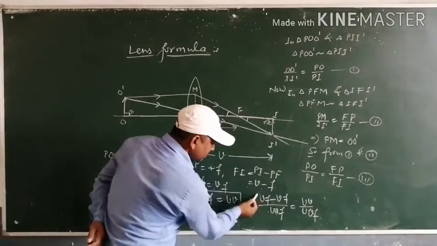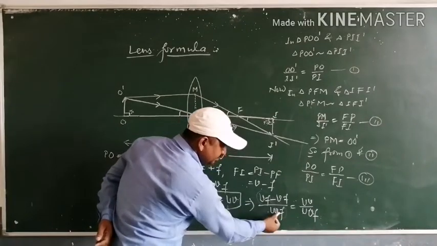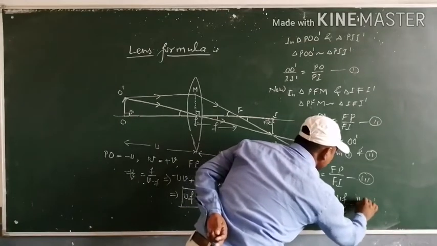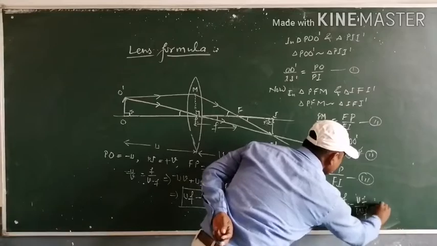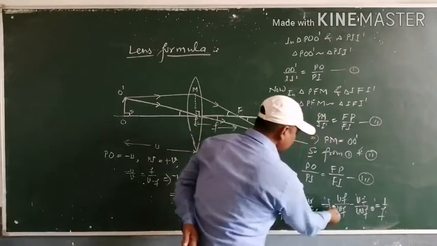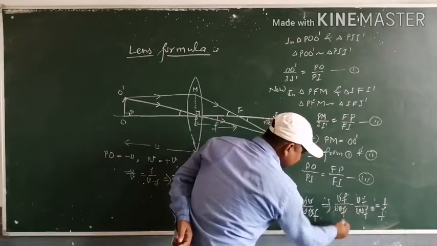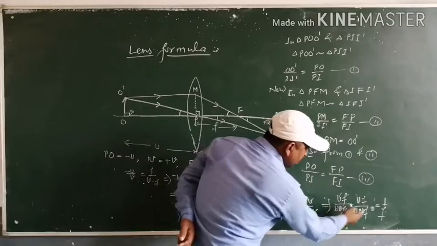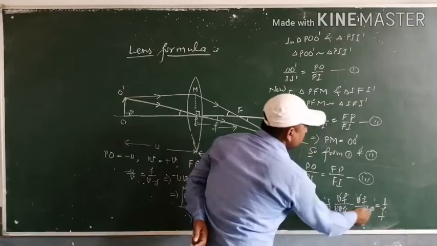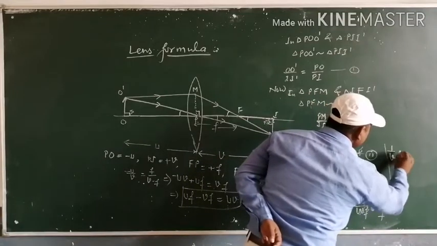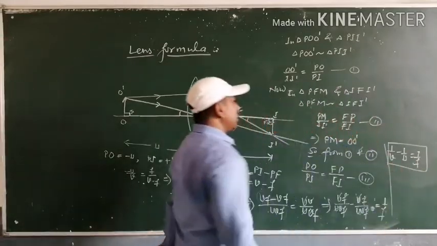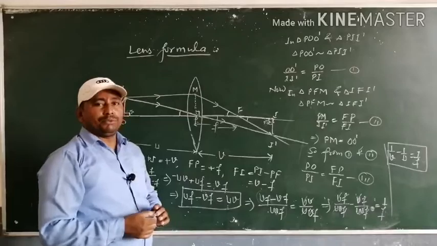So UF divided by UVF minus VF divided by UVF equals UV divided by UVF. Here U and U, V and V cancel each other: U and F cancel leaving 1 by V, and V and F cancel leaving 1 by U. So we get 1 by V minus 1 by U equals 1 by F. This is the lens formula.